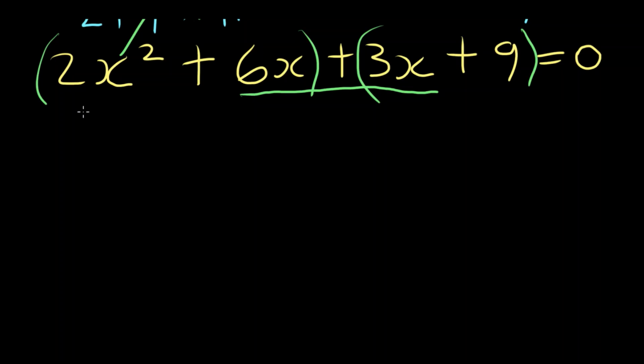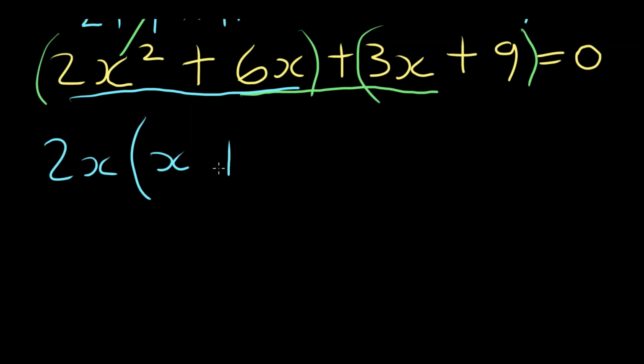So let's look at the first half. What's the common factor of 2x squared plus 6x? Would it be 2x? Yeah. So we can put a 2x out the front. 2x times what equals 2x squared? x. 2x times what equals 6x? 3, right? Okay. So we found a common factor of that first half.